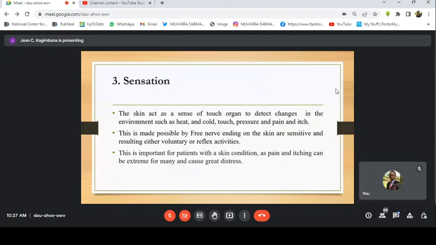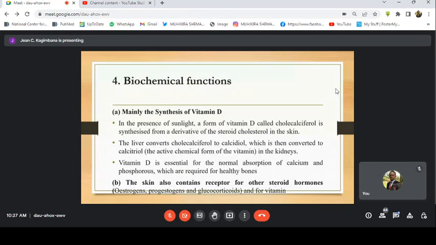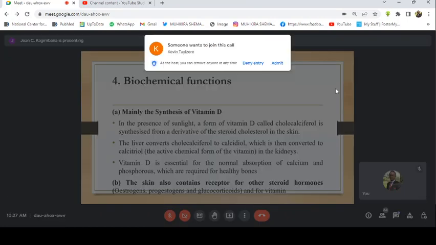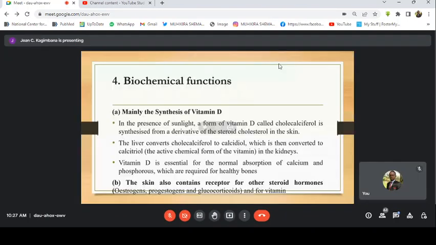The role of biochemical function, mainly the synthesis of vitamin D. You know that in areas where the sun is an issue, like in Europe during winter, some people may supplement themselves with vitamin D tablets.